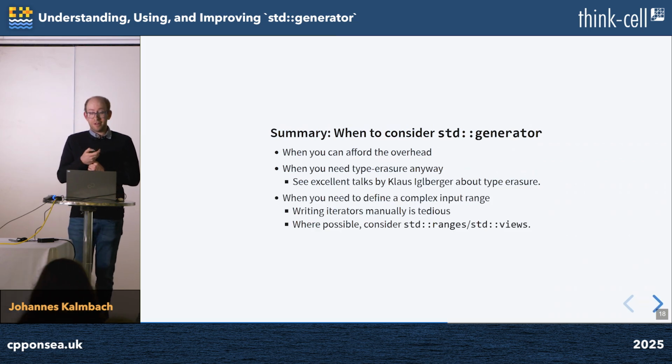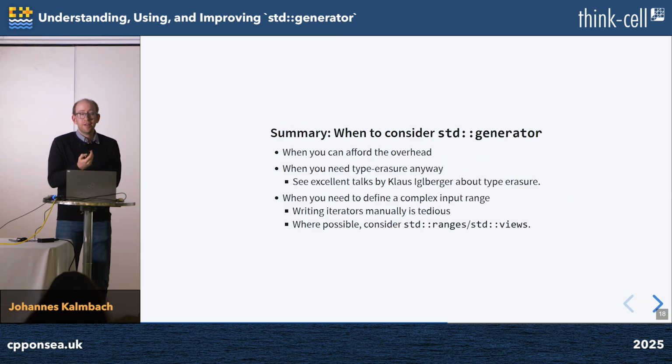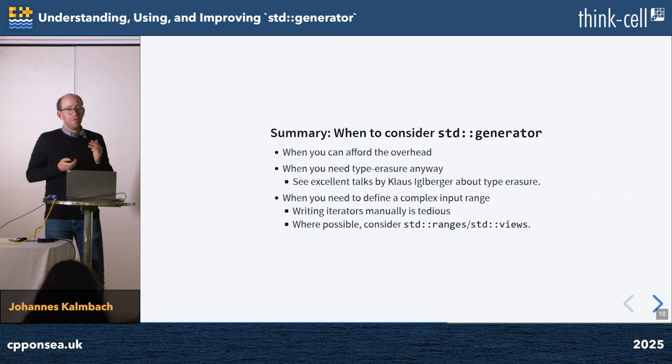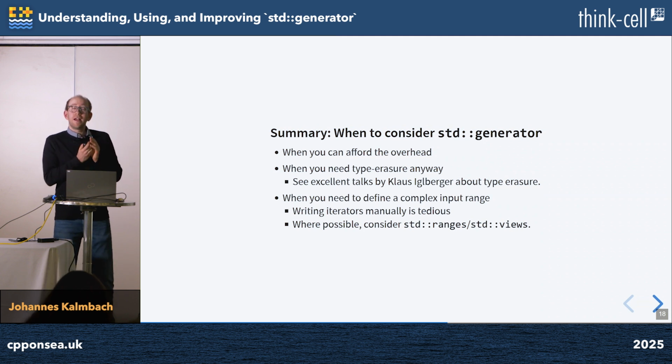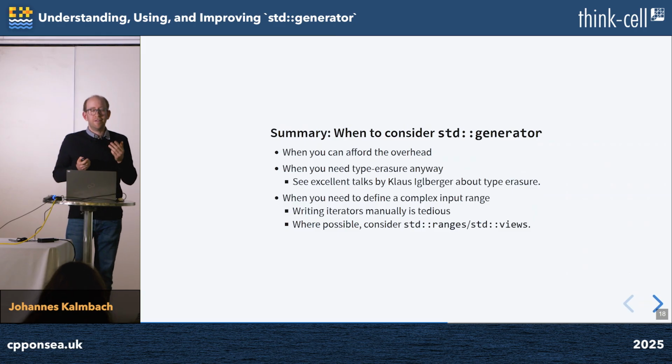The next point here is, when can you use it given your code maintainability? Because oftentimes you're in the scenario that writing a generator, especially for complex control structures, is convenient. It's relatively easy to write, and it's easy to read and to reason about.